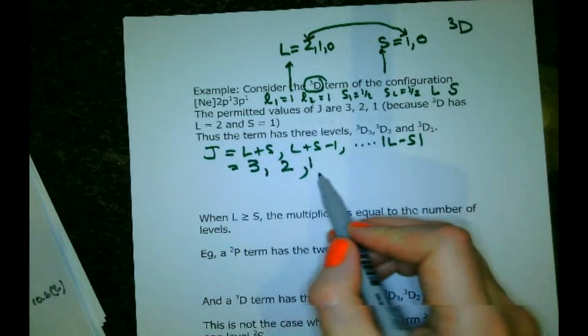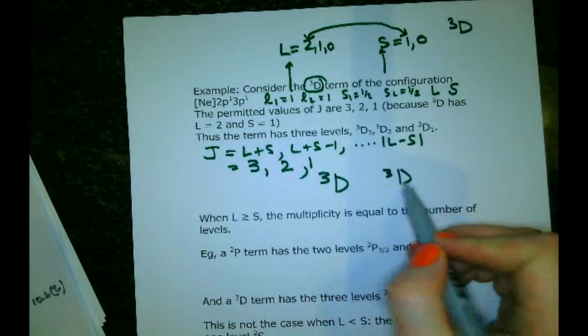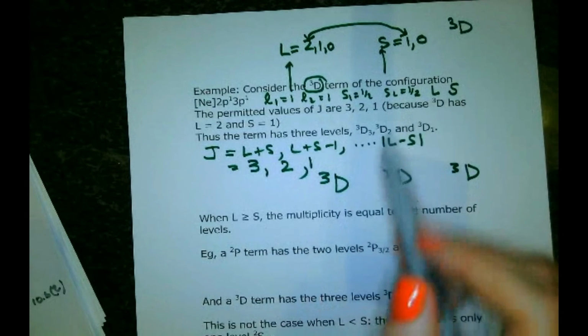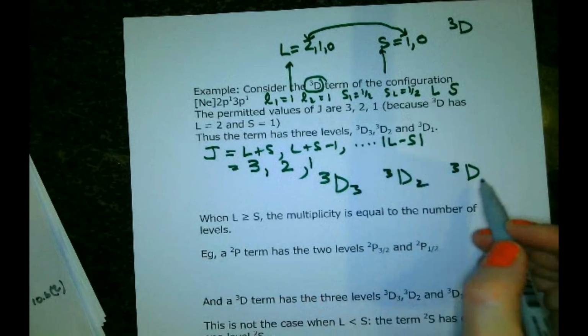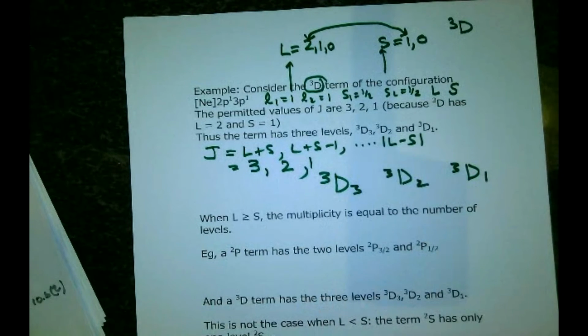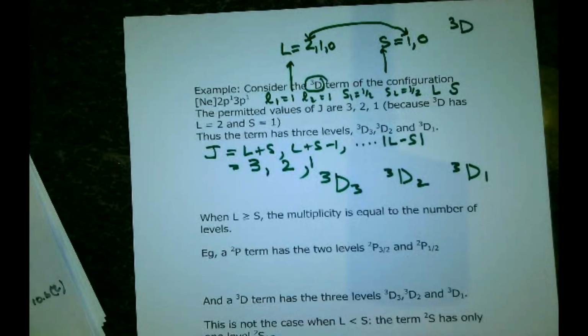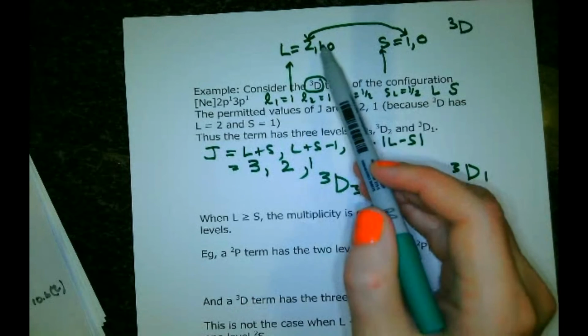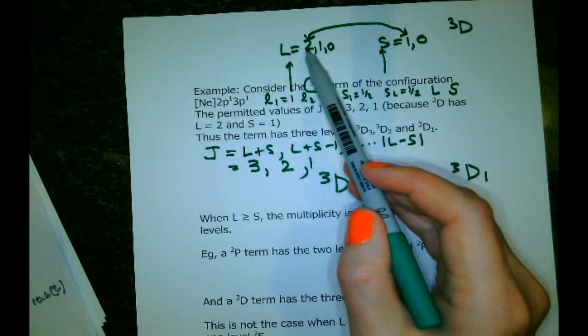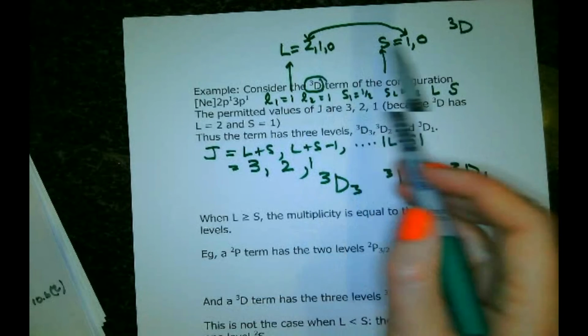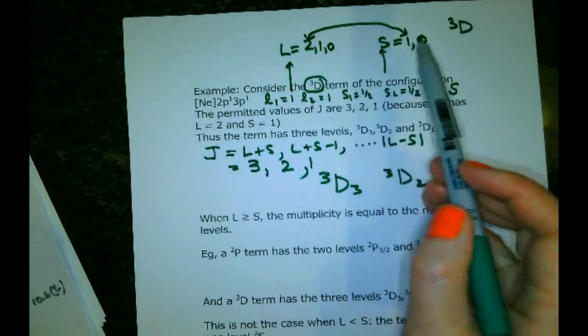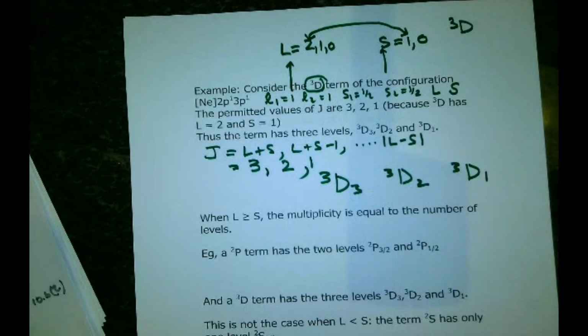So for that term with a multiplicity of 3, we get the splitting like that. And this is the full term symbol. Things can get very complicated because we haven't considered the combination of L equal to 2 with 0, or 1 with 1 or 0, or 0 with 1 or 0. That will give even further splitting, but we will have a look at an example shortly.